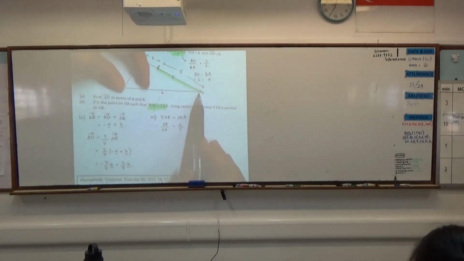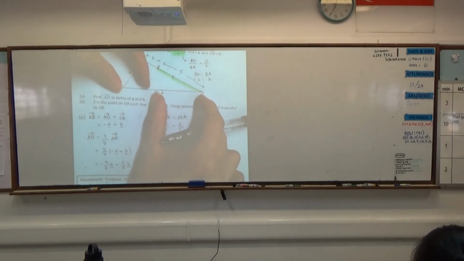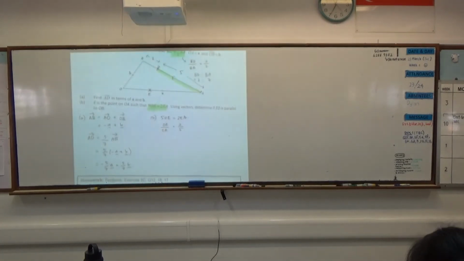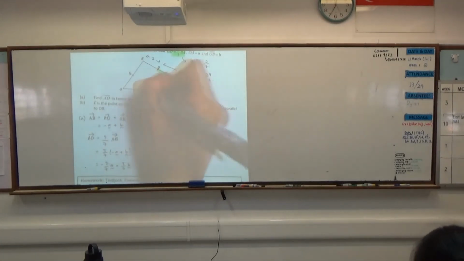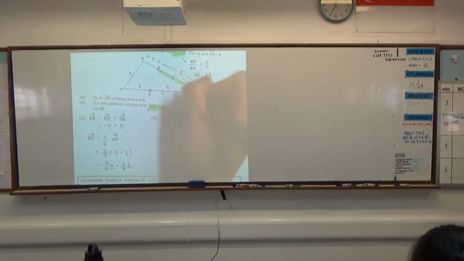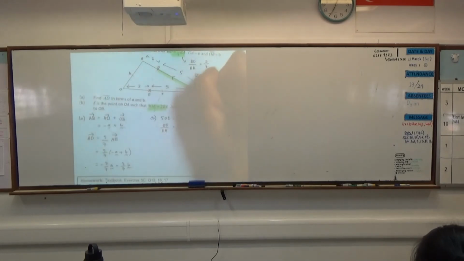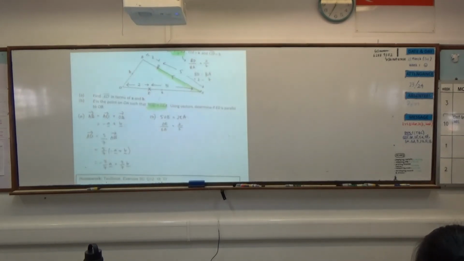So there is that kind of idea of proportion over here. You're not looking at being exact. So E could be somewhere here, so that we can see a ratio of 2 to 5. When it comes to vectors, counting units and being able to understand ratio would be very helpful.